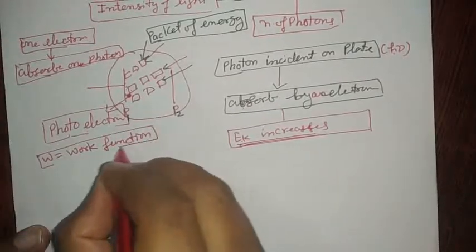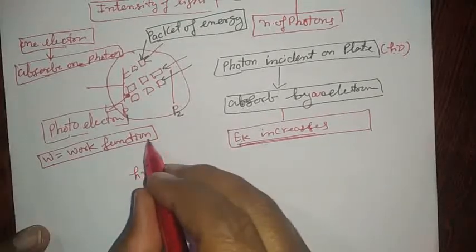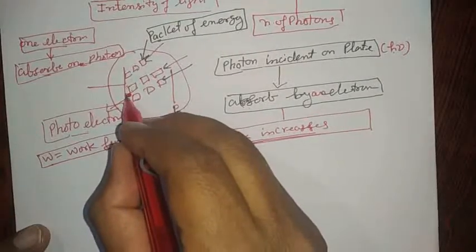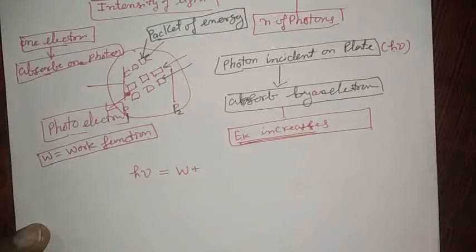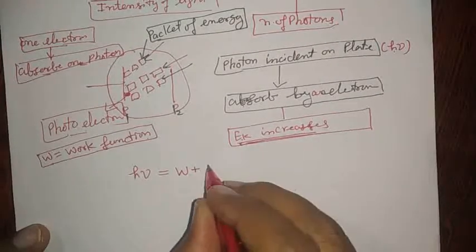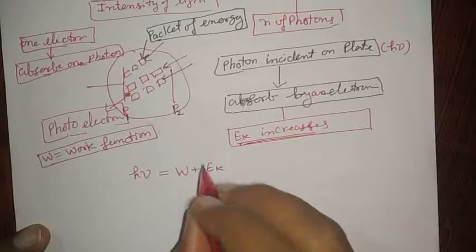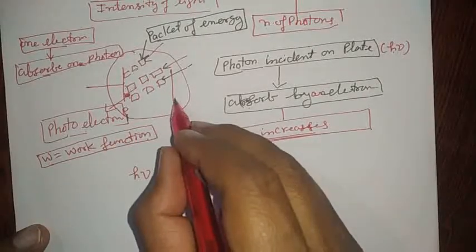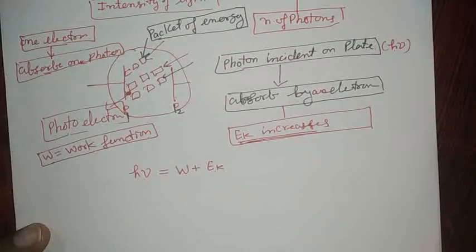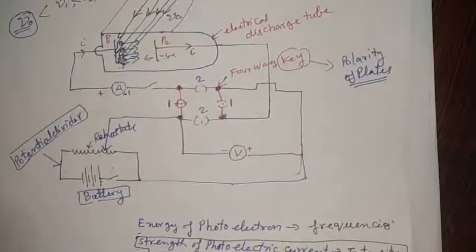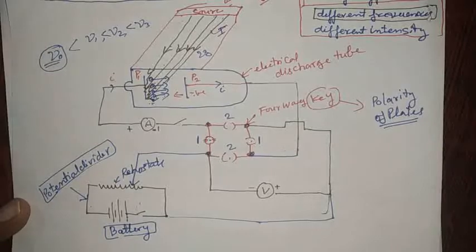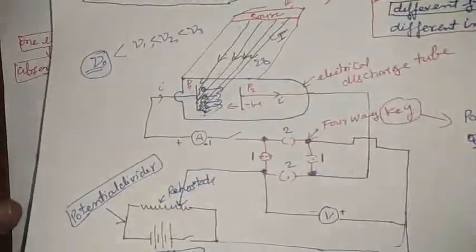Work function is the minimum amount of energy required to emit an electron from a metallic plate. The rest of the part provides kinetic energy to the electron to reach plate P2 to complete the circuit in the Lennard and Millikan experiment explained during lectures 1, 2 and 3. This is the division.